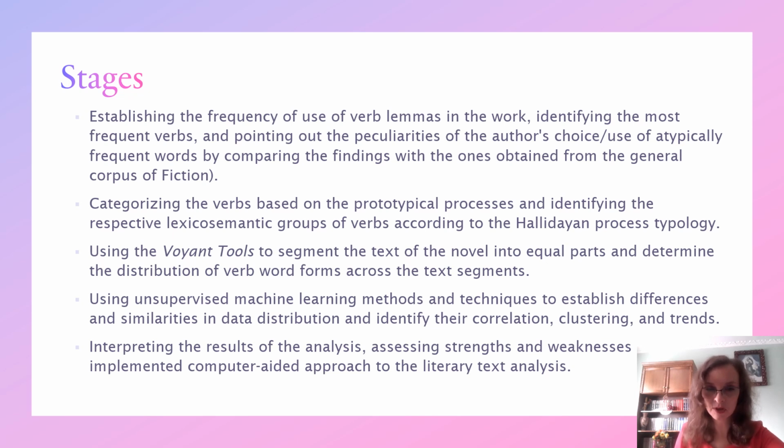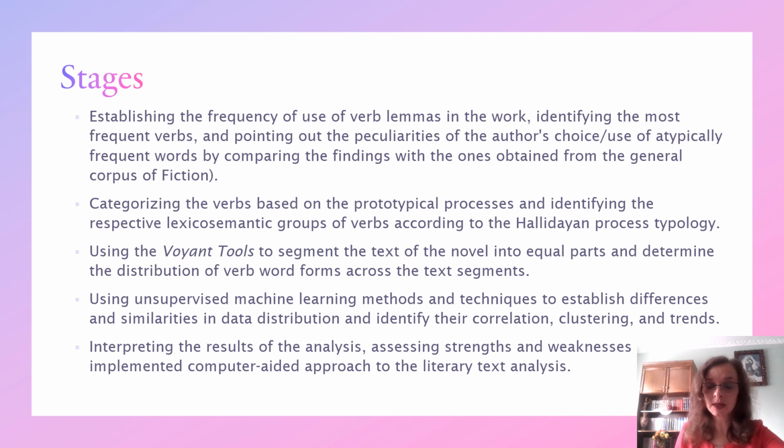The research consists of the following stages. First, we establish the frequency of use of verb lemmas in the work, identifying the most frequent verbs and pointing out the peculiarities of the author's choice of typically frequent words, by comparing the findings with the ones obtained from the general corpus of fiction. Then we categorize the verbs based on the prototypical processes and identify the respective lexicosemantic groups of verbs according to the Hallidaean process typology.